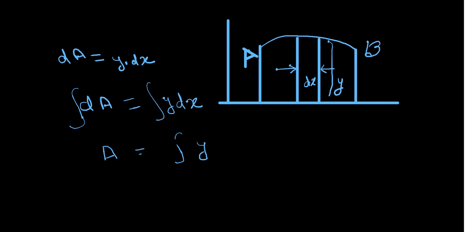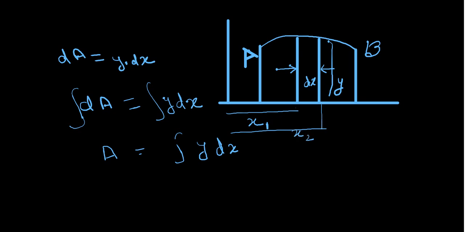Now suppose this point is at an x distance from here, better you call it x1, and this point, on another part of the strip, which is this one, is x2.